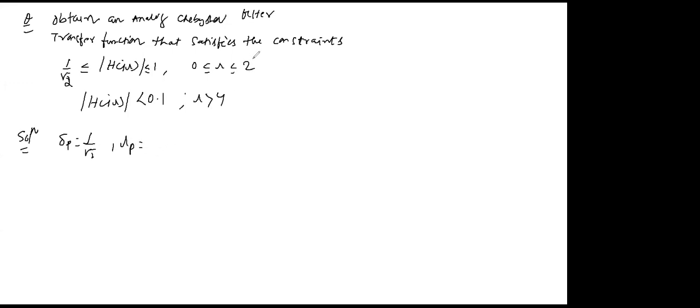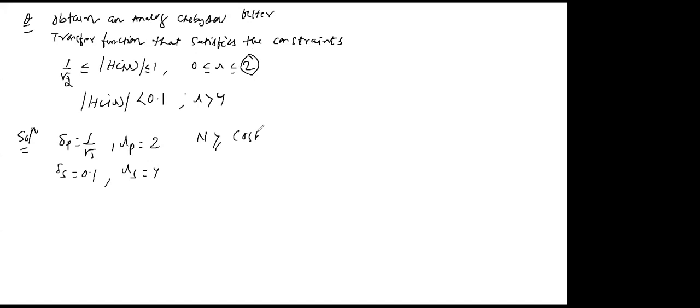It is 2, very simple. Okay. And what is delta S? 0.1. Good. And what is omega S? 4. Very good. Now see, everything is given. Now find the value of n.